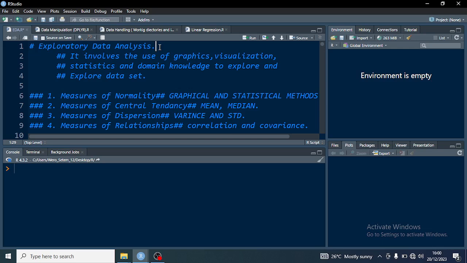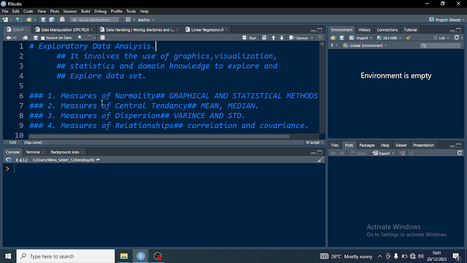We'll also use statistical knowledge and different domain knowledge to explore the data. Whether you're working in health, business, agriculture, transport, or IT, you'll use the various domain knowledge to explore the relationships in your data.